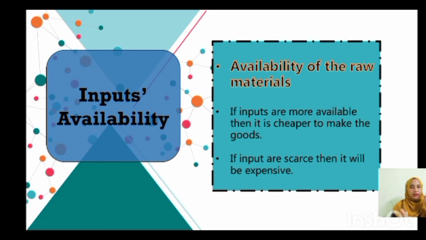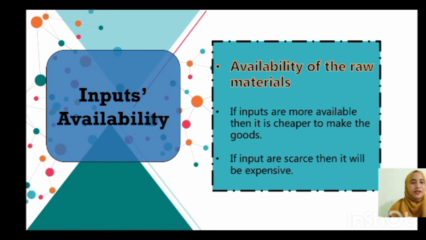If the input of the raw materials or the ingredients that we're going to use to produce the goods, marami siya or it's very available, if inputs are more available, then it will be cheaper. So kung mataas ang availability ng ating raw materials, then the goods will be cheaper kasi makaka-produce tayo ng marami.